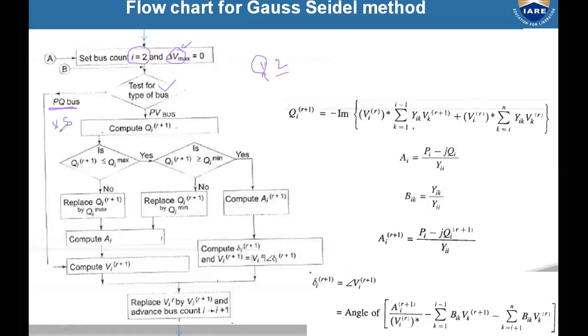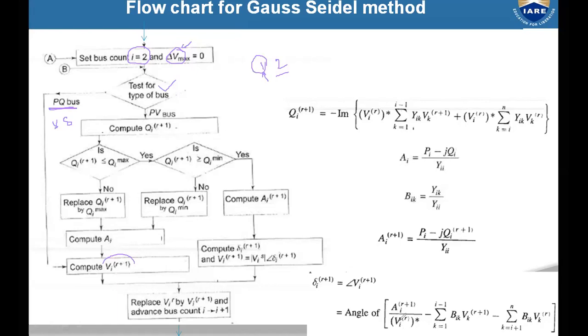So you have to compute Vi r plus 1. Since r is first set to 0, Vi 1 you will get in the first iteration. So what is the expression for Vi r plus 1 here?